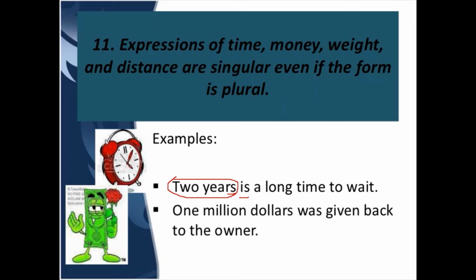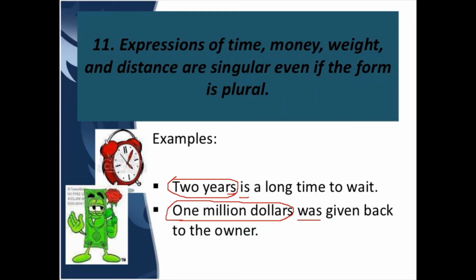In the next example, $1 million was given back to the owner. So in the sentence, the verb is "was". Why "was"? Because the subject here is an amount of money, $1 million.